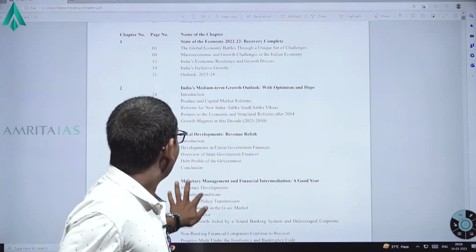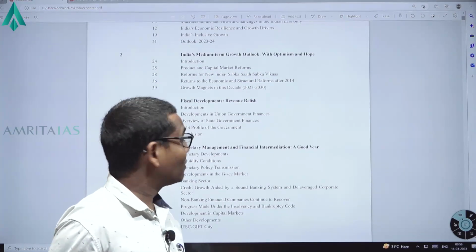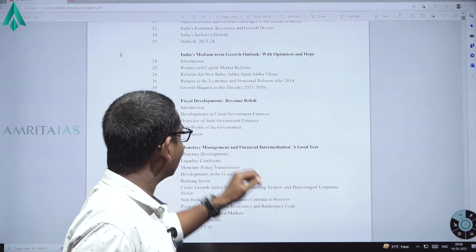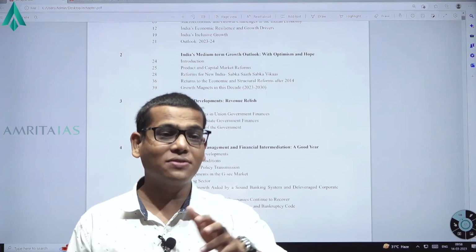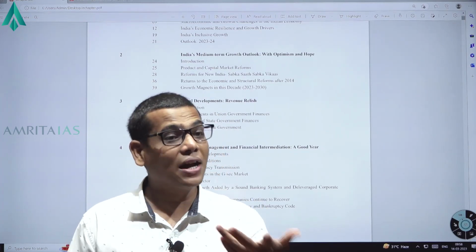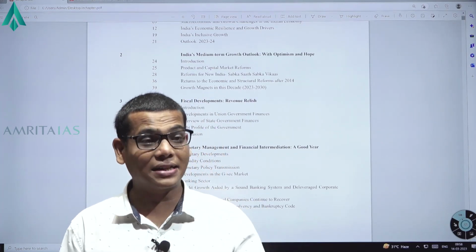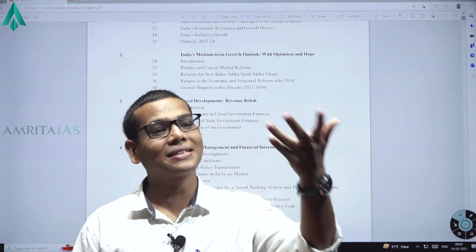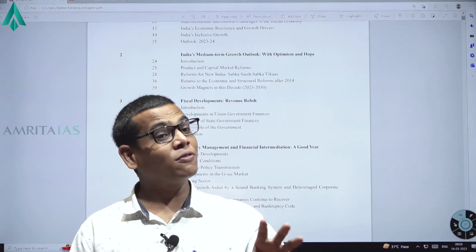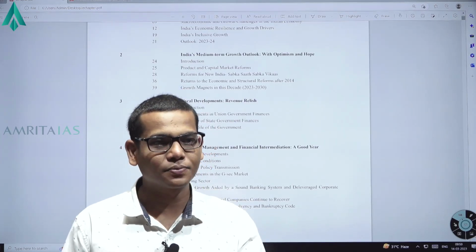With optimism and hope, in this chapter they have mentioned fiscal development and revenue. This chapter deals with the finances of both the union government as well as the state governments, their level of debt, their level of tax collection, efficiency in tax collection, various programs to increase tax collection, and the simplification of processes in tax collection.